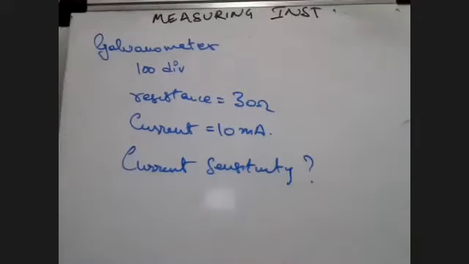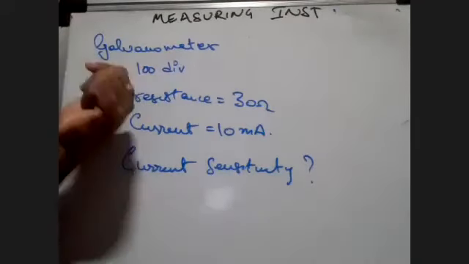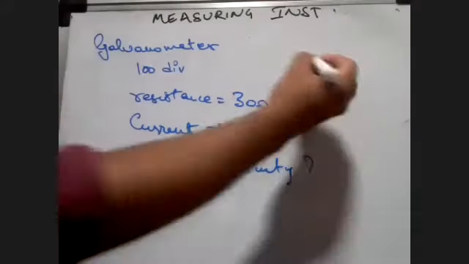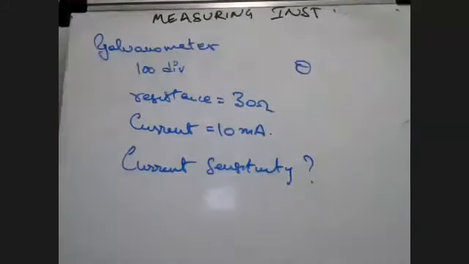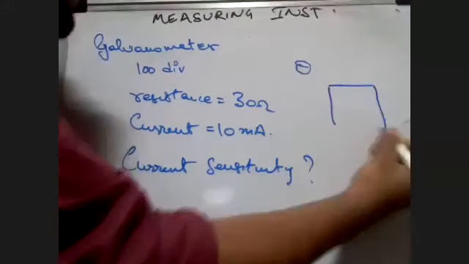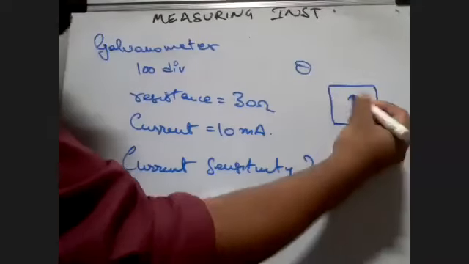When I say that a galvanometer has 100 divisions, what does it mean? The angle theta which I told you before can be taken as radians, as divisions, or as degrees, depending on the question. In the galvanometer, there is a needle, and that needle has a certain scale.